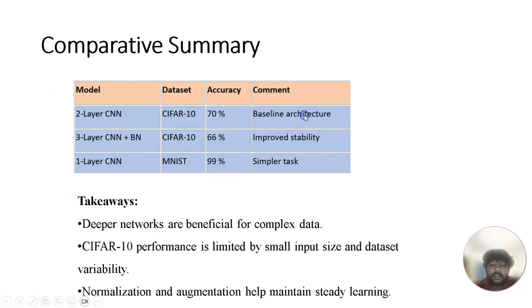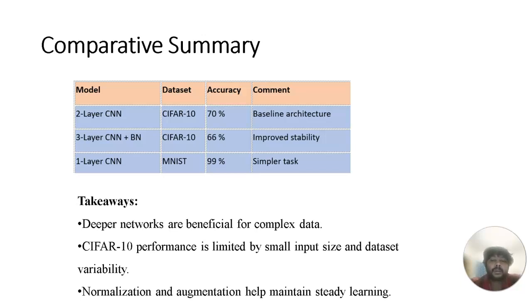Coming to the next slide, let's compare our summary of each model with dataset and accuracies, and with comments. This slide generally summarizes the differences between the baseline and the improved model.